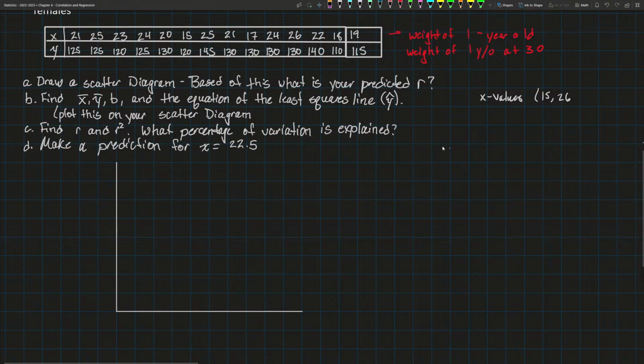So I'm going to label these. So X goes from 15.